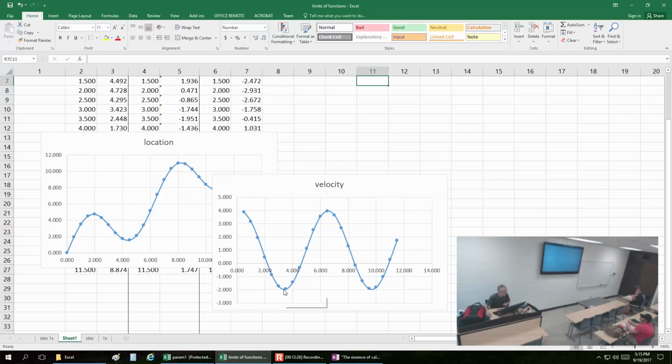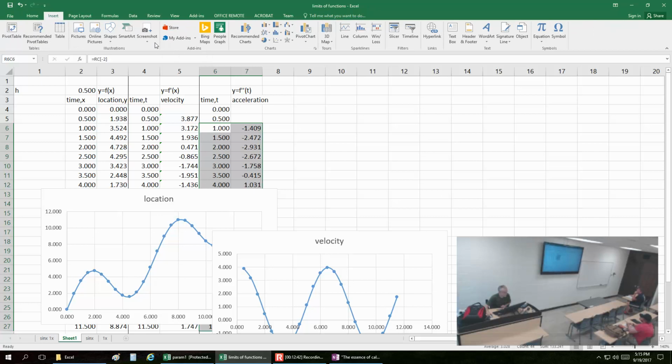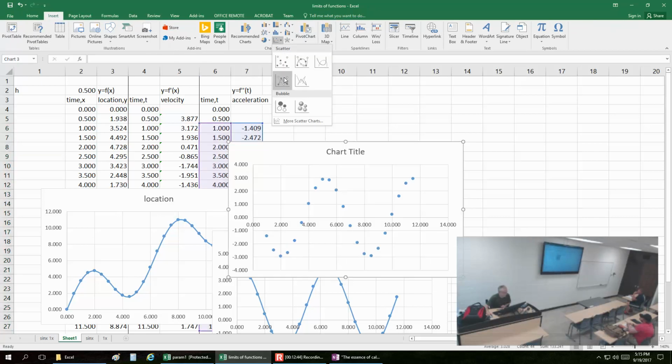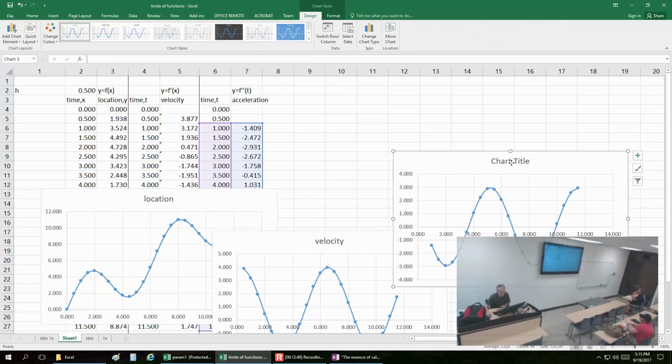Right, at that moment it becomes 0. So acceleration becomes 0 at some point, and then it starts to accelerate forward. Let me plot it to confirm. Okay, so that is my acceleration.